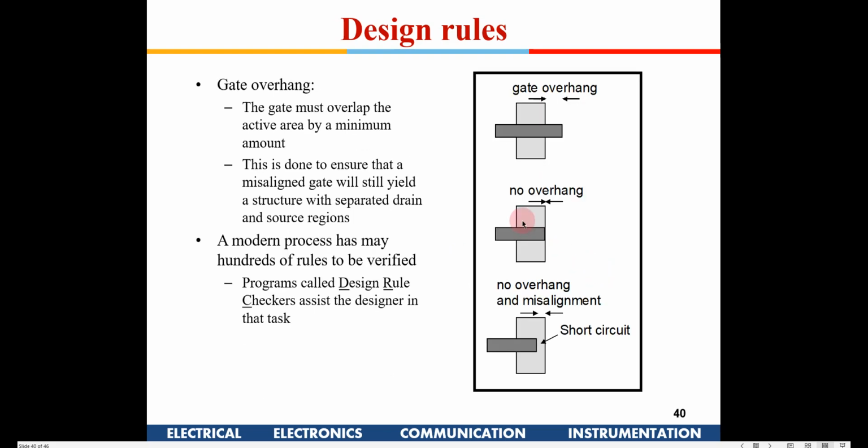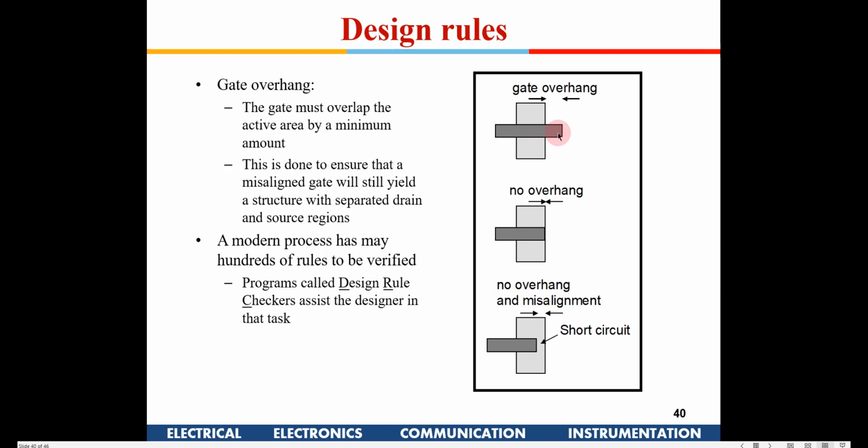Okay. Similarly, when you have a channel here and we make a gate over it, when you are making a polysilicon, the width of this defines the length, right? This is the source, this is the drain, and in between you have the length.